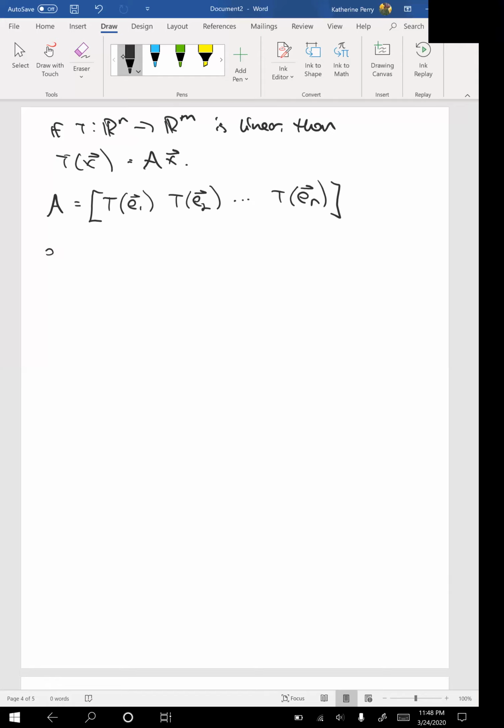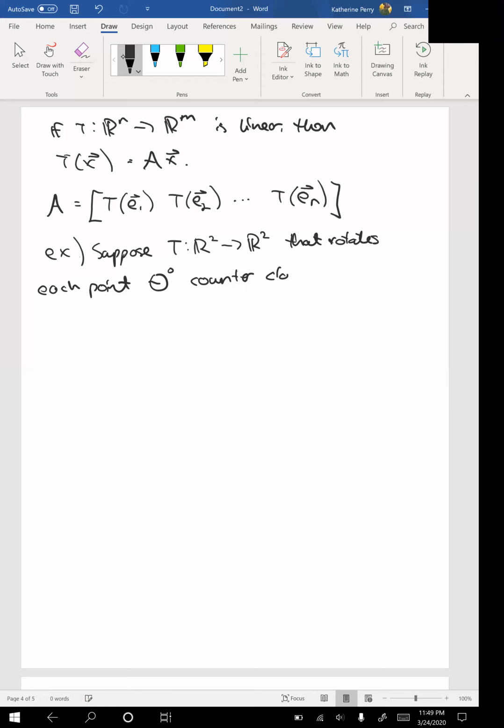So for example, suppose T is the transformation from R2 to R2 that rotates each point in a plane, so we're in R2, theta degrees counterclockwise.